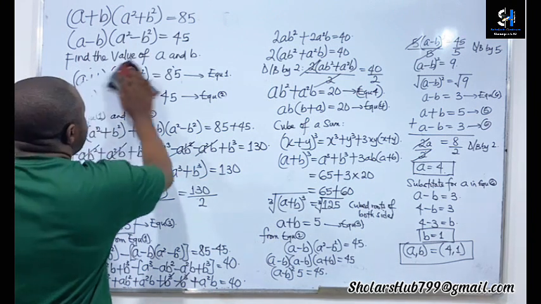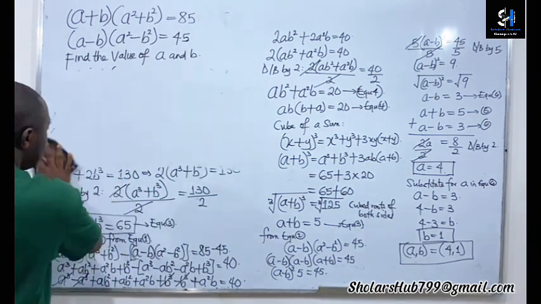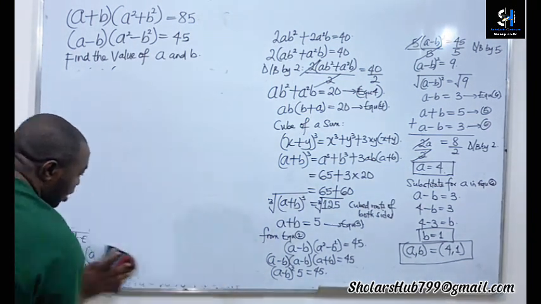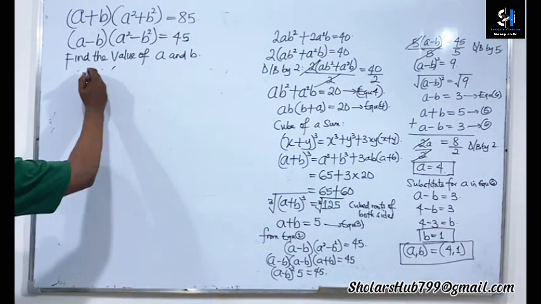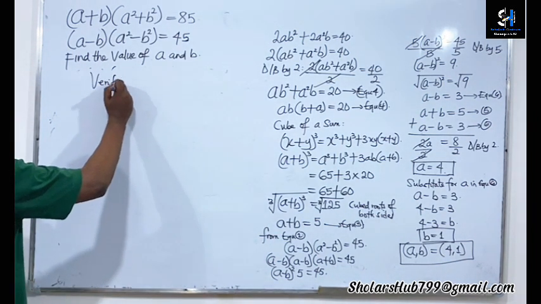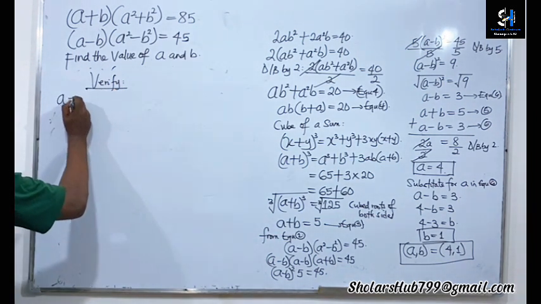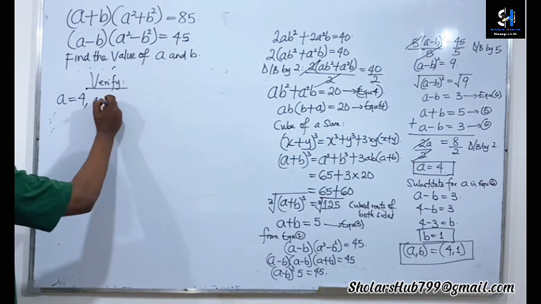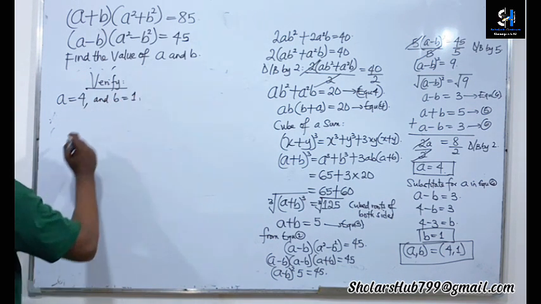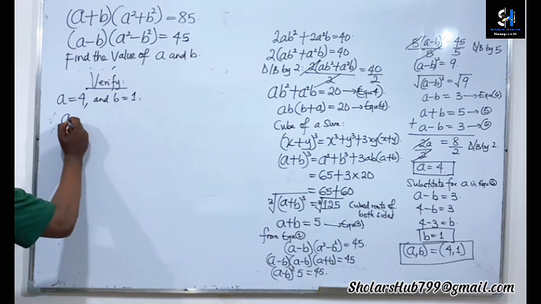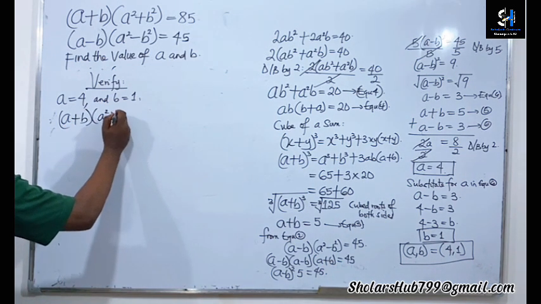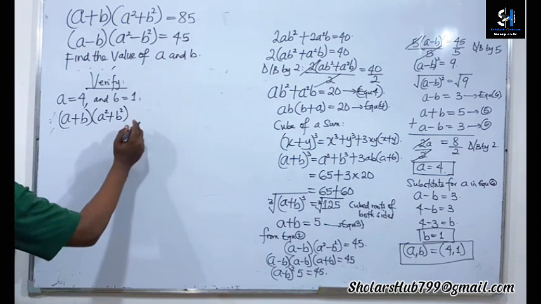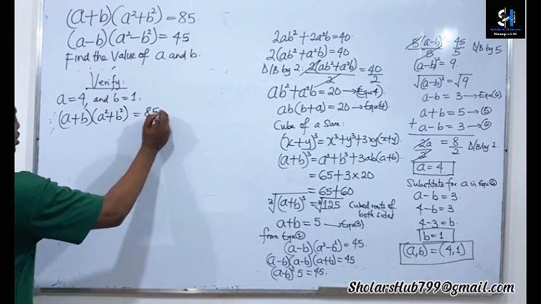Now we can also verify our answer. We have a equal to 4 and b equal to 1. For equation 1, we have (a + b) multiplied by (a squared plus b squared) equals 85.